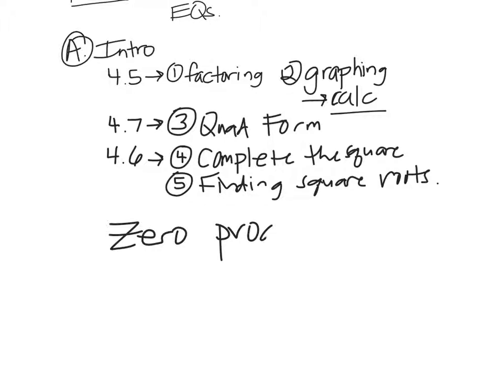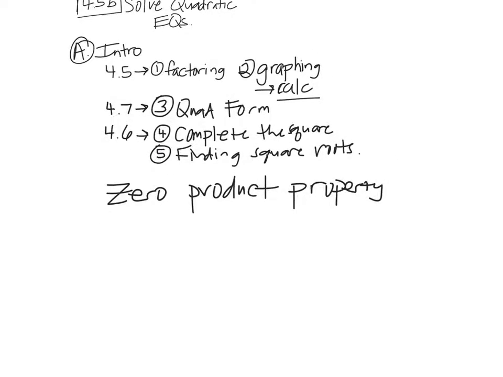Okay, so when we are going to solve by factoring today, we need something called the zero product property. Okay? The zero product property, it's pretty basic, but we use it a lot in a really good way. The zero product property says if I take something, I'm going to call it A, and I multiply it times something else, B, and when I multiply these 2 things together, I get 0.